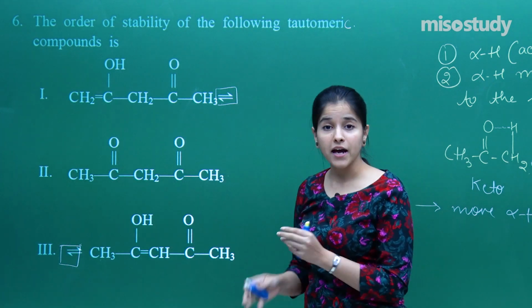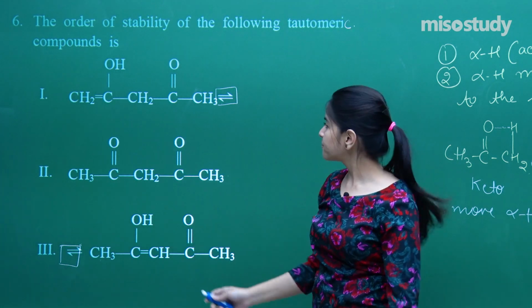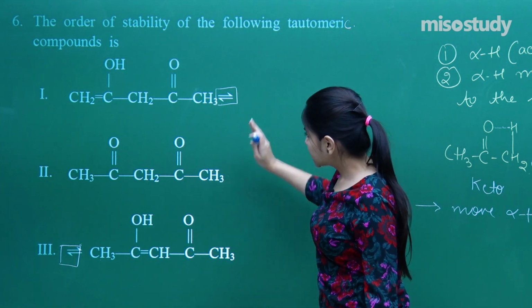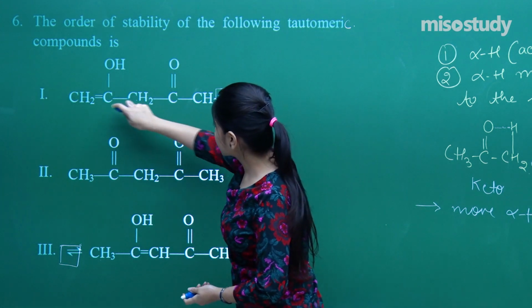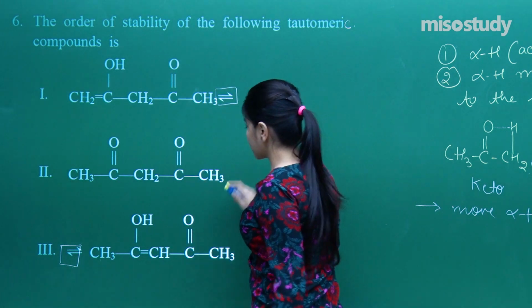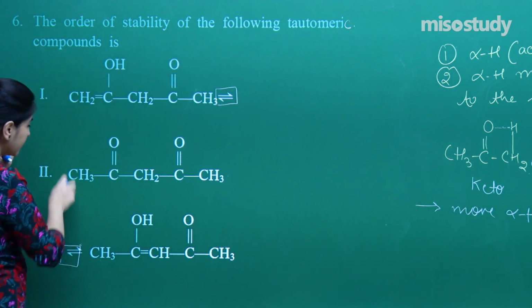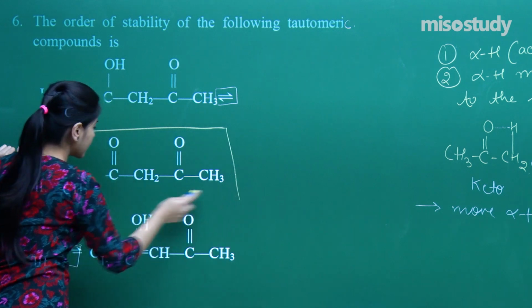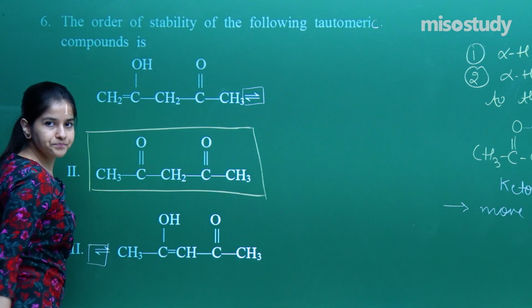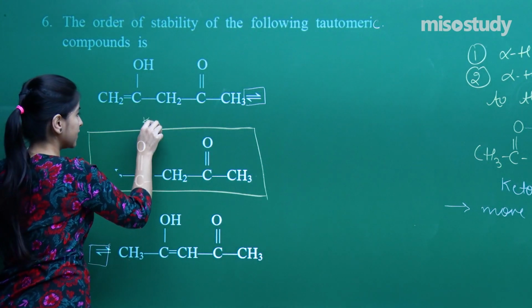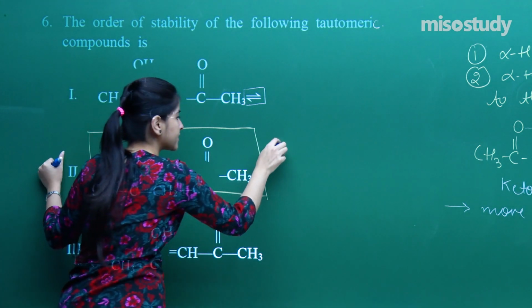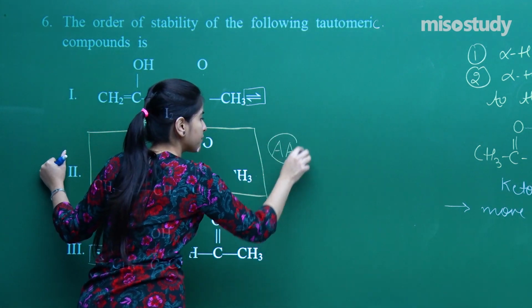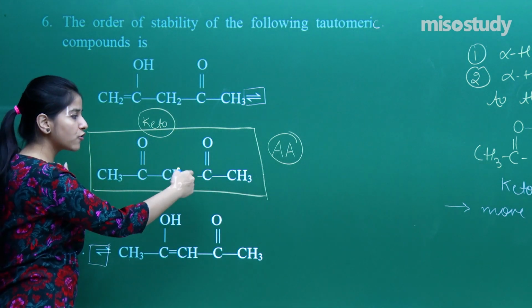These 3 are actually present in equilibrium. So let us discuss what each compound says. This is the keto form, and if you recognize, this is nothing but the acetyl acetate, AA compound. That is the keto form.